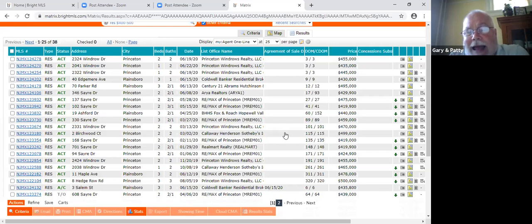Everything in that packet can be used in a buyer or a seller situation to help you get where you need to go, whether that's a fair counteroffer or a fair expectation.